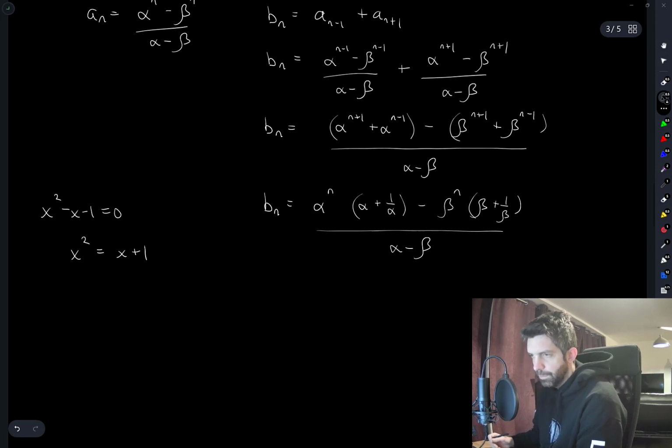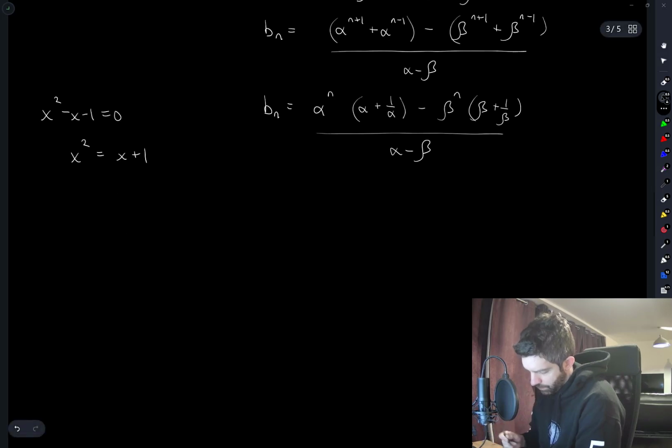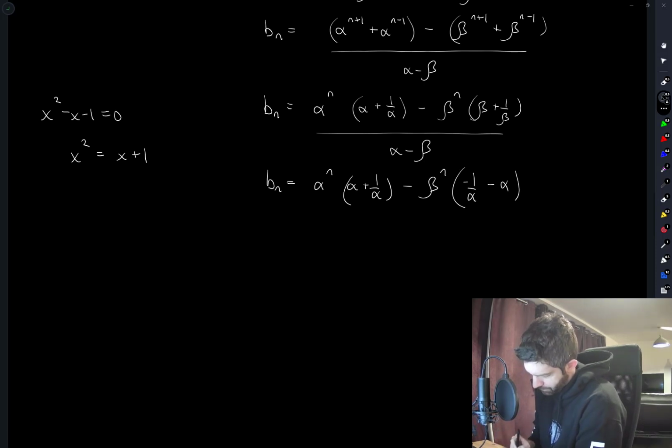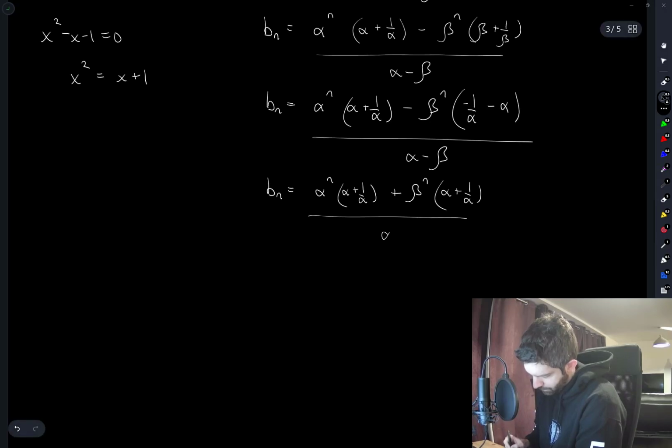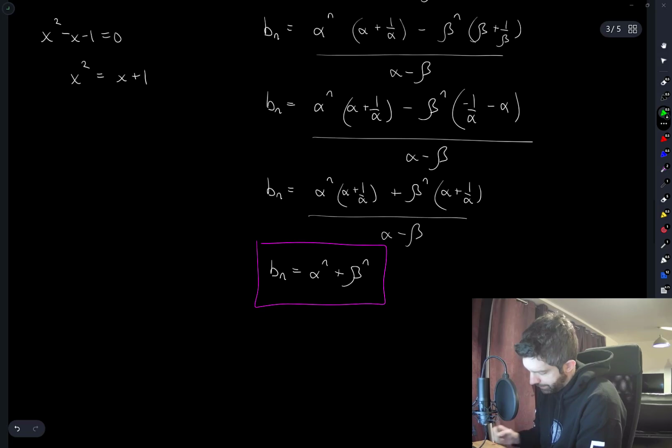What if instead of trying to compute bn in terms of alpha and beta, well, hold on. Yeah, okay, so bn is equal to alpha to the n plus beta to the n. It's just a question of doing some algebra and substitutions and so on.